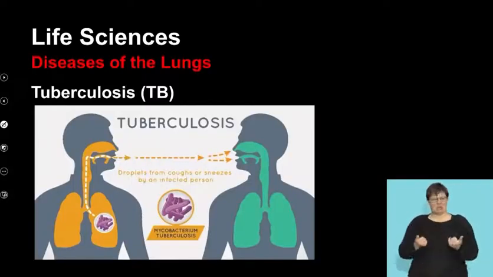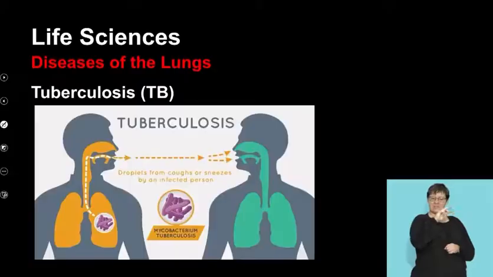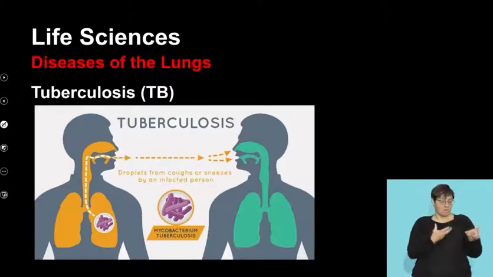Now, the first disease that I've got on the board is the one you need to link with microorganisms. So when we get to tuberculosis or TB, we can link it to the first part of the syllabus when we looked at this whole concept of what a microorganism is. Now, TB is a bacteria that you can see over here, and how we get it, somebody who has got TB, the bacteria goes and sits in the lungs.